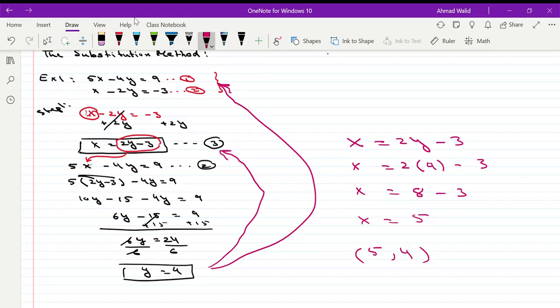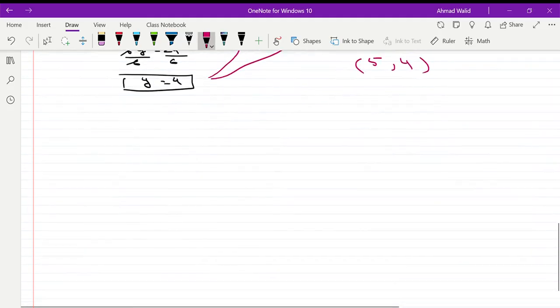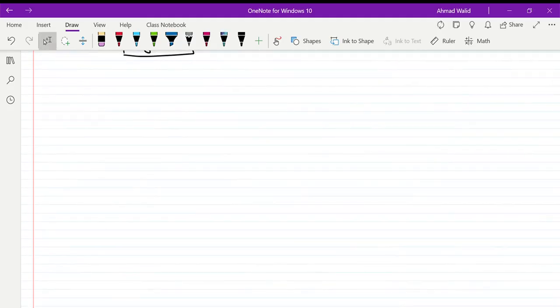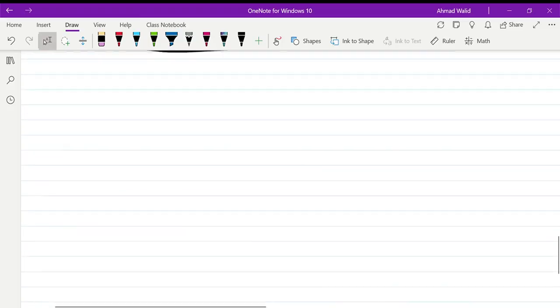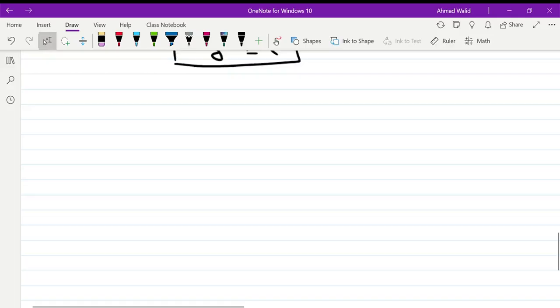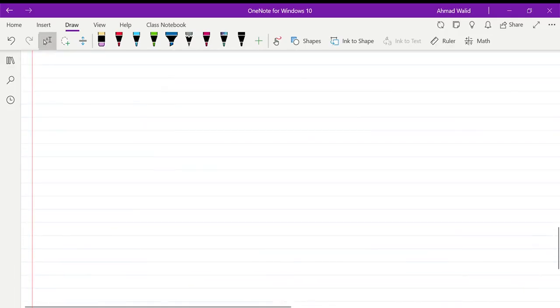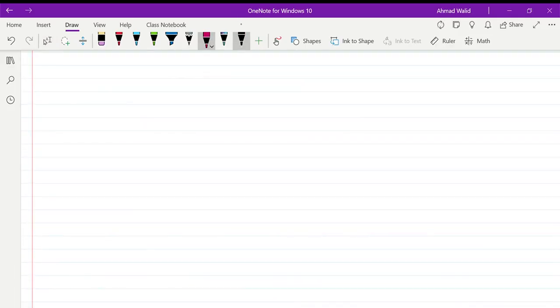Correct? And believe me, if you replace x with 5 in both of the equations and replace y with 4, this answer will satisfy both equations at the same time. Correct? Let's do one more example. Example number 2.